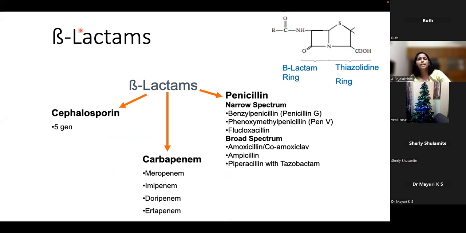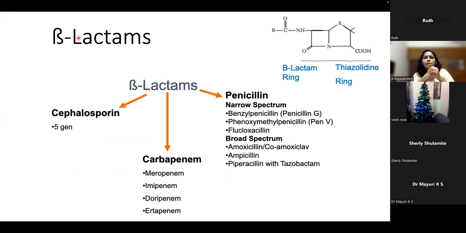Coming to beta-lactam. I have finished a major chunk of the multiple antibiotics that I have discussed, but beta-lactam is a big group, so I pushed it to the last. We have discussed the important drugs that you will be using and the options you will have to give during your antibiotic stewardship rounds.